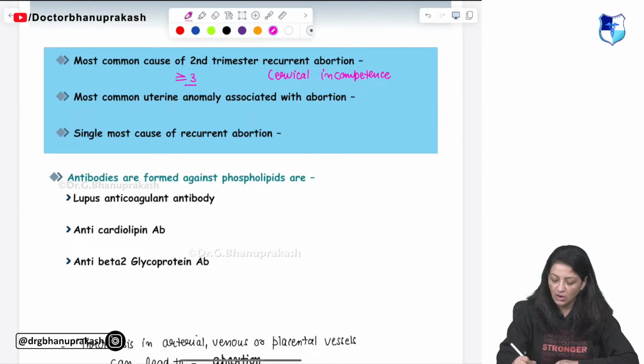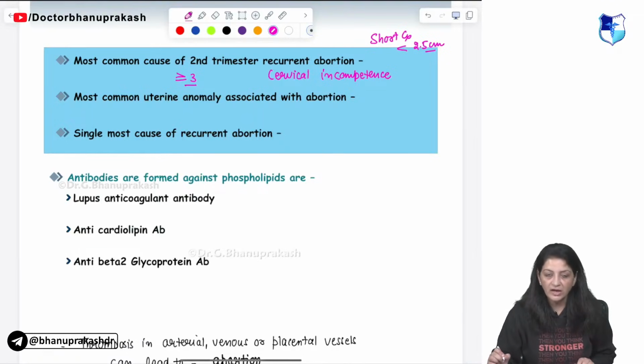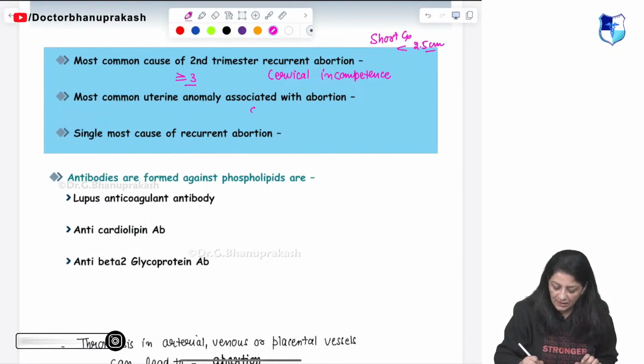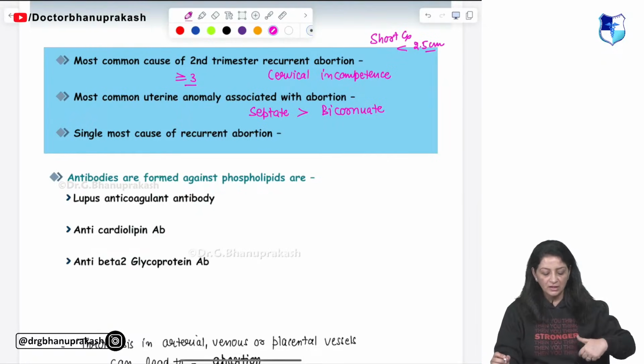It means short cervix, length of the cervix less than 2.5 centimeters. So most common uterine anomaly associated with abortion: septate uterus, then bicornuate uterus.